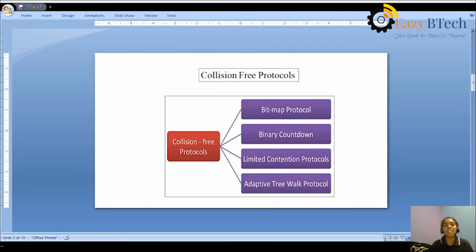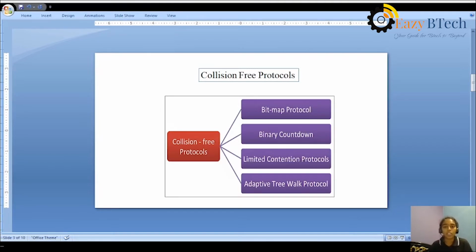These are the different types of collision-free protocols: bitmap protocol, binary countdown, limited contention protocols, and adaptive tree walk protocol. Here, the adaptive tree walk protocol is a sub-protocol of limited contention protocols.